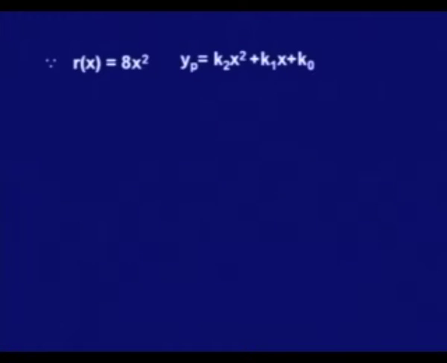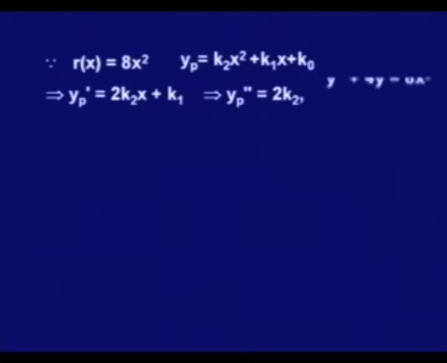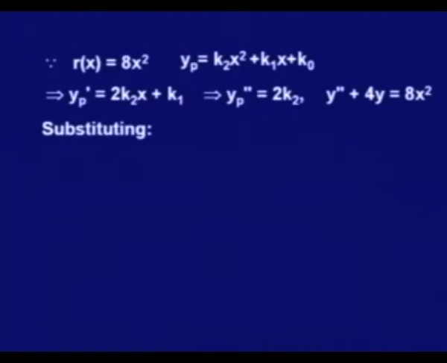Now, substitute its derivatives in the equation. First find y_p', that is 2k2x + k1, and y_p'' would be 2k2. Now, substitute this in the given equation y'' + 4y = 8x². What we get is 2k2 + 4k2x² + 4k1x + 4k0 = 8x².